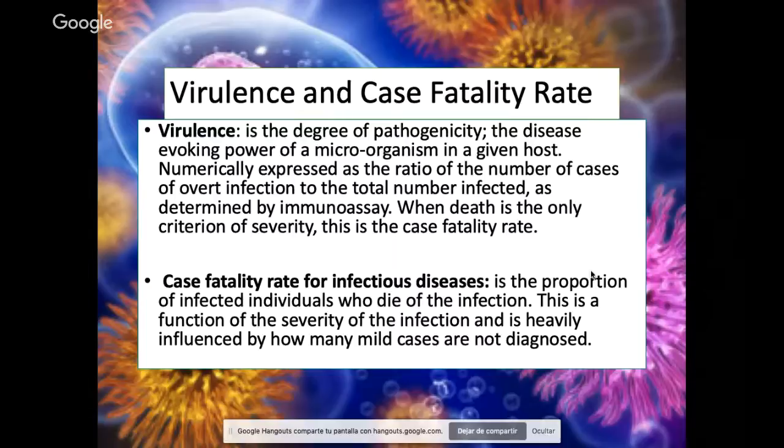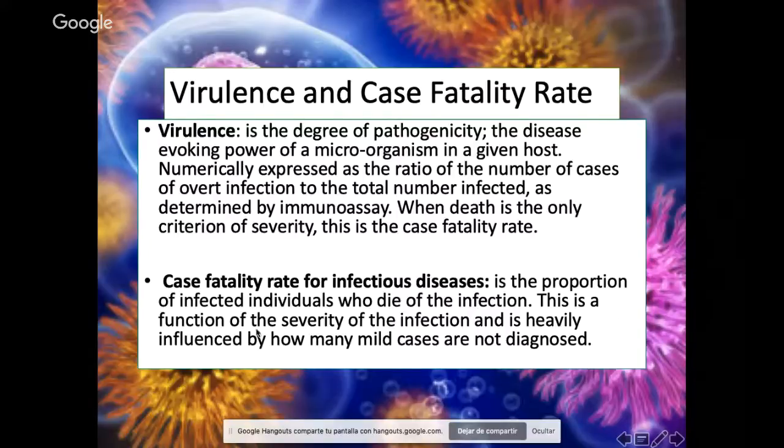When death is the only criterion of severity, this is the case fatality rate. The case fatality rate for an infectious disease is the proportion of infected individuals who die from the infection.